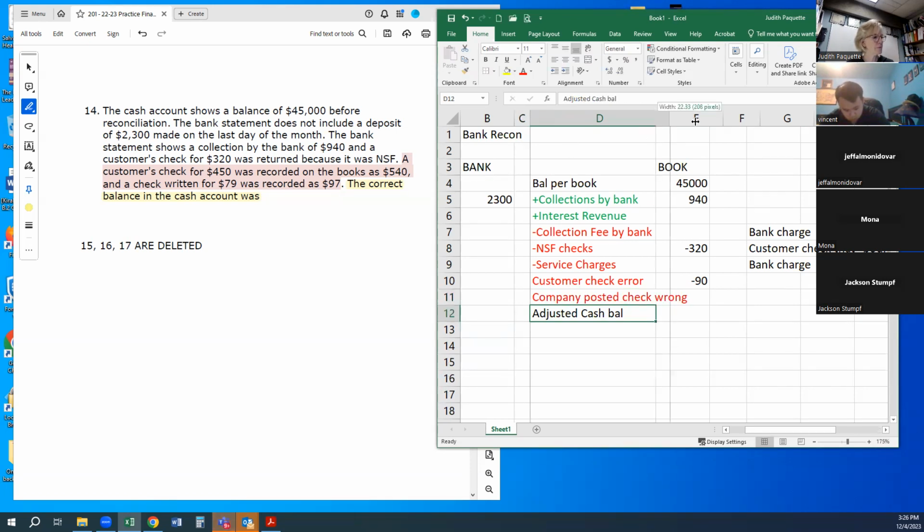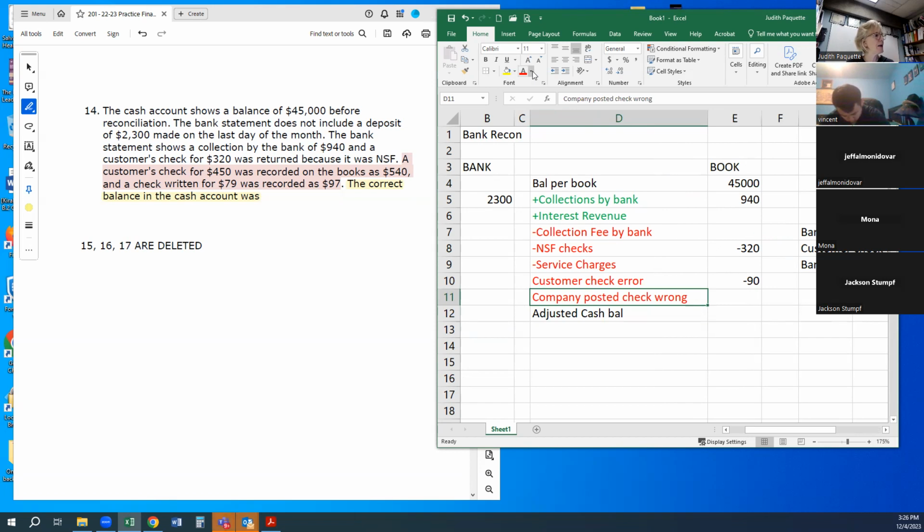And you guys are saying we add it. So we're going to add back 18. Okay. So customer check error, that's affecting accounts receivable. Company error, that's accounts payable. All right. Okay. I'll move that down.